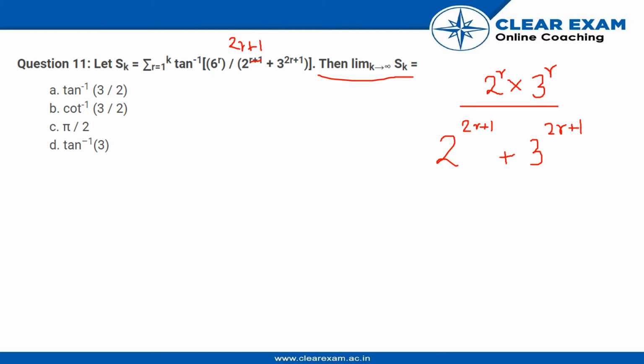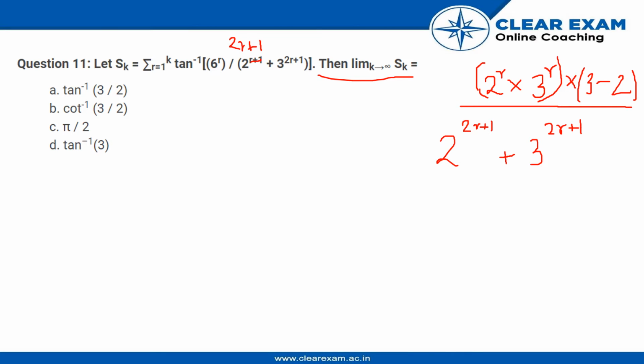And from here I will write this term in brackets, and we know whenever something has nothing in multiplication, the multiplying term is 1. So we can say that this 2 raised to r into 3 raised to r is actually getting multiplied by 1. So 1, we are going to write as 3 minus 2, correct? Because 3 minus 2 makes 1 and 1 into that term does not make any difference.